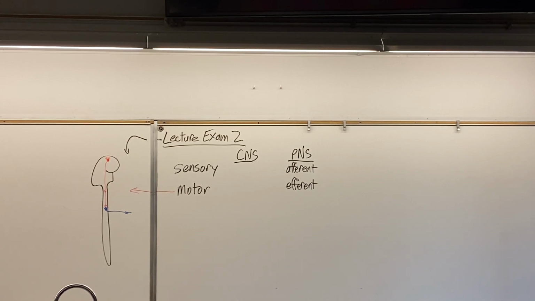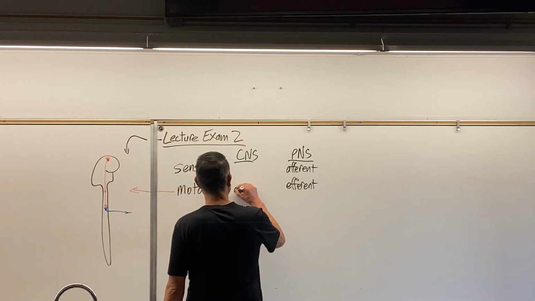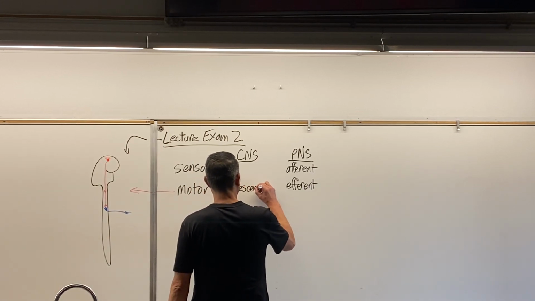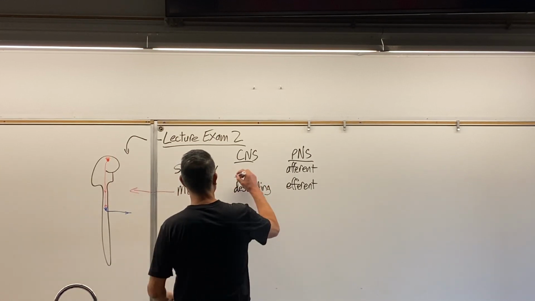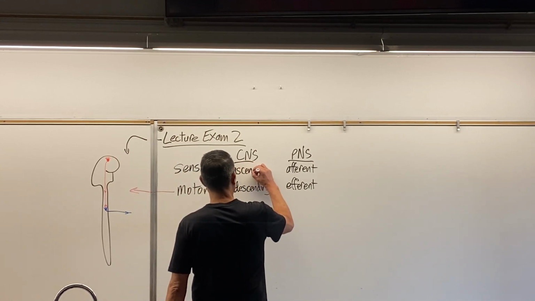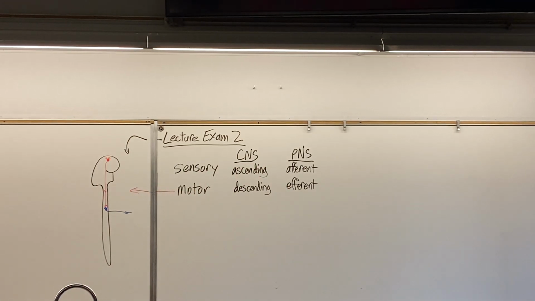In the CNS motor, the signal is descending the spinal cord, so we call these descending. And sensory signals are going in and going up, that's ascending. So get used to some of those terms now. And out in the PNS, they're using afferent, efferent. And in the brain and spinal cord, it's ascending, descending.